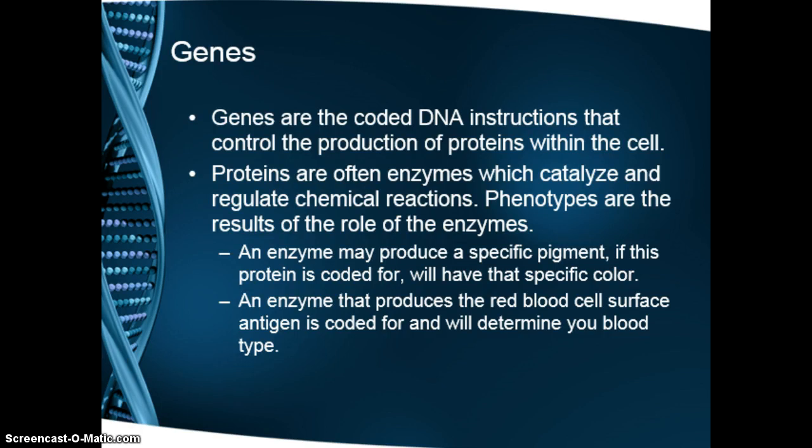So all of this genetic information, all of these instructions go to make these proteins, which then go on and make enzymes and help catalyze different chemical reactions. So from all of this information, we're getting different reactions that are occurring with the body, and that's where we get this kind of expression of the gene.